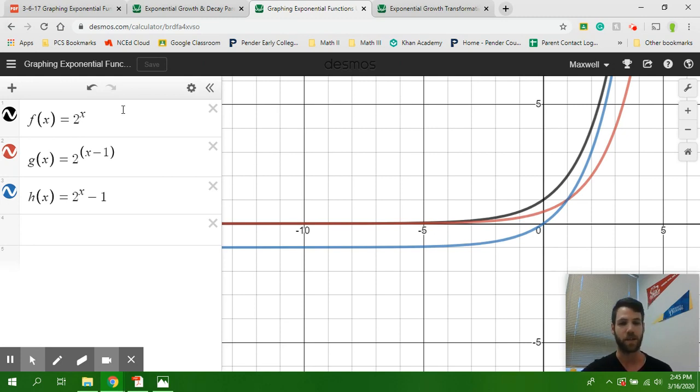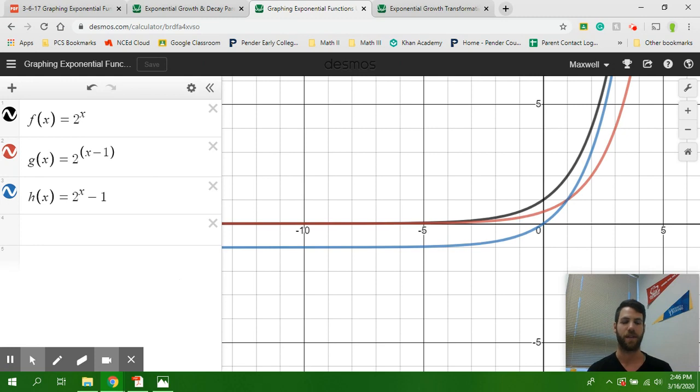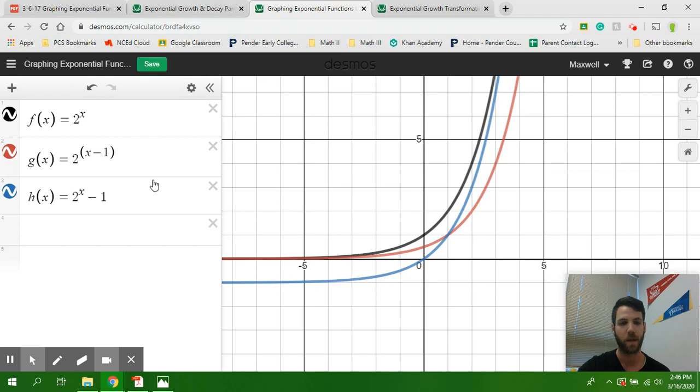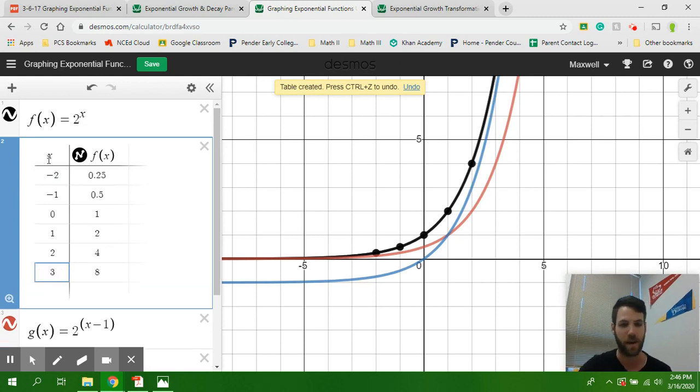And the easiest way to do that is by making these into tables. So we see we have a parent function f of x equals 2 to the x, and that is in black on screen here. So we can hit our settings button and change that to a table, and we can look at, well, what is going to happen to this graph as we go from -2 to 3.